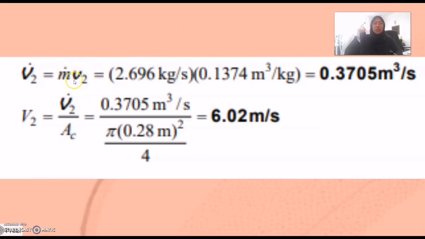So we use the specific volume at the outlet to find the flow rate, and we get 0.3705 m cubed per second. From the volume flow rate, we can use the formula area times velocity to find the velocity at the outlet, and the answer is 6.02 meters per second. It's easy.